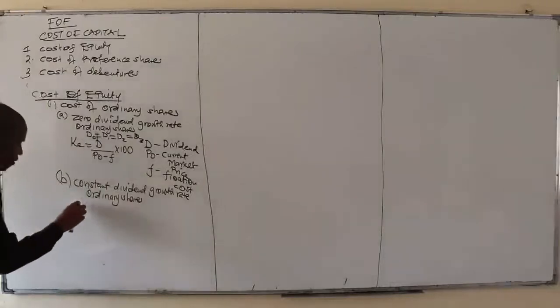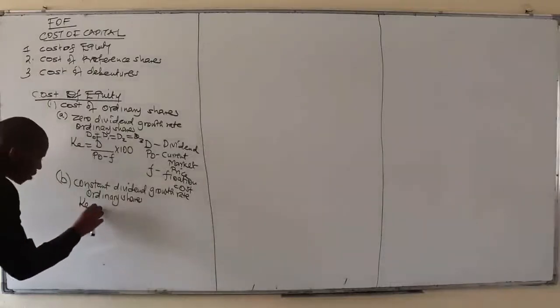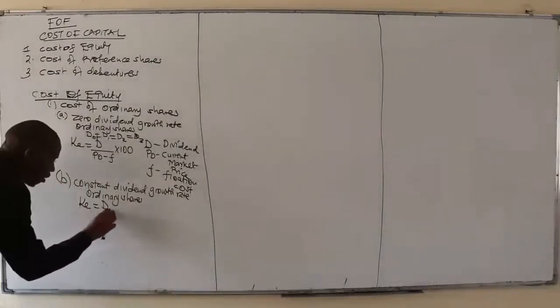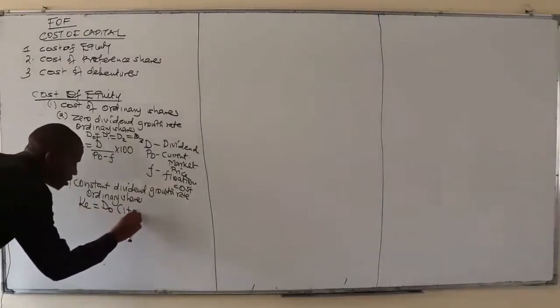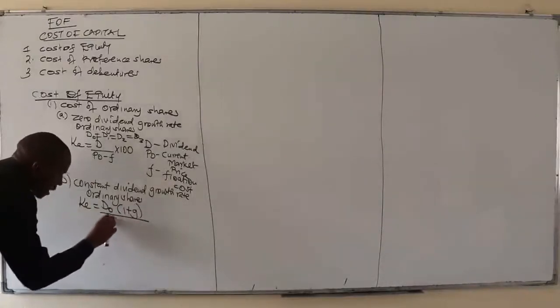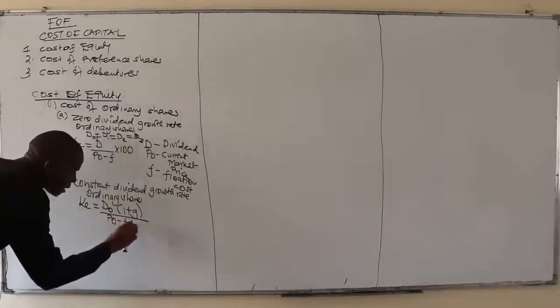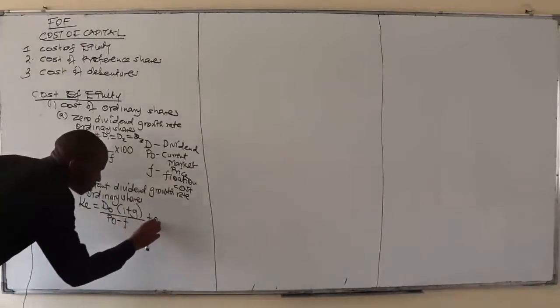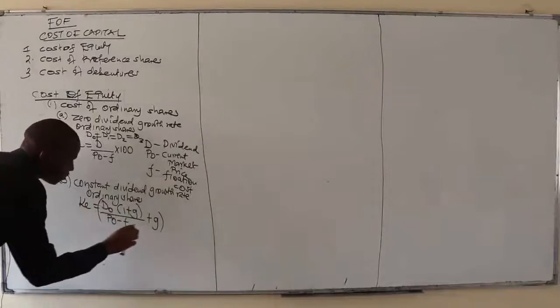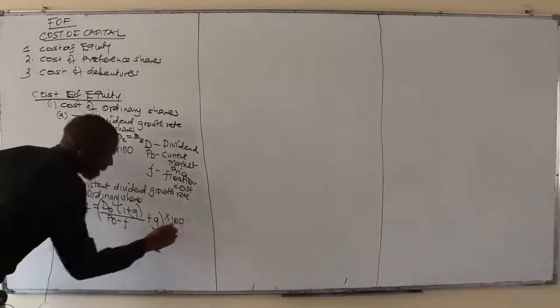Therefore, to get KE, it will be D0 (1 plus g) all over P0 minus flotation cost, then you add the growth rate, and you multiply by 100.